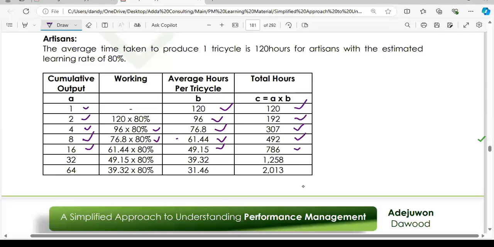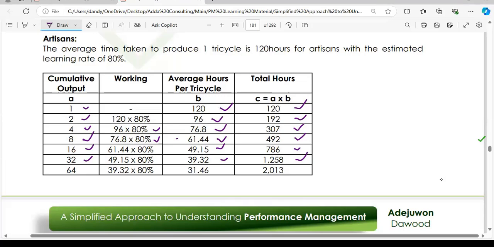If I double 16 to 32, then I need to multiply 80% on the 49.15, which produced 39.32. 39.32 multiplied by 32 gave us 1,258.